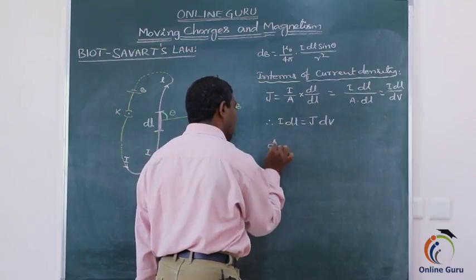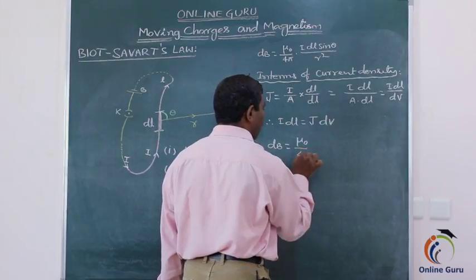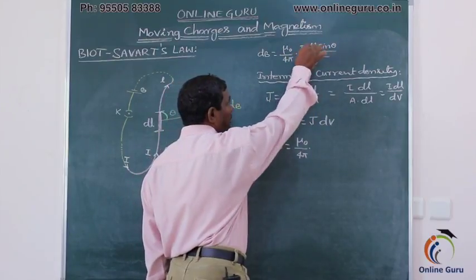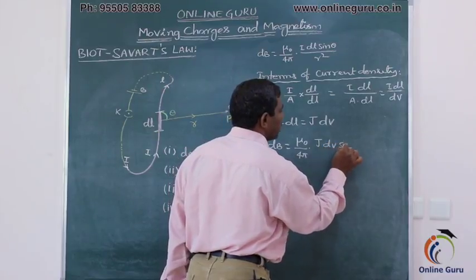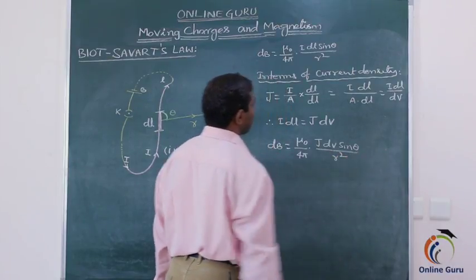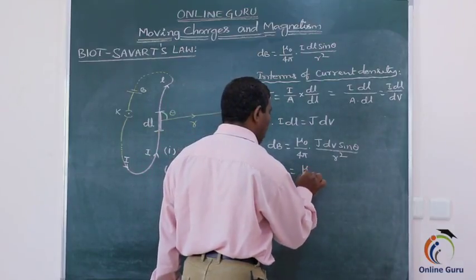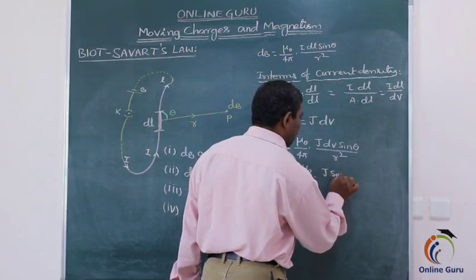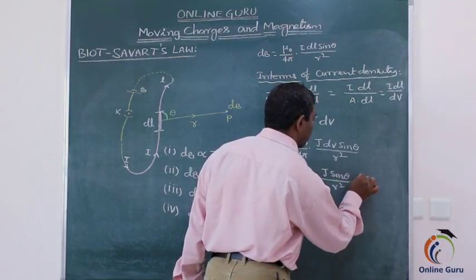Then we get the magnetic induction dB, which is equal to mu naught by 4 pi into the value of I dl replaced by J into dV sin theta divided by r square, that is equal to mu naught by 4 pi into J sin theta divided by R square into dV.